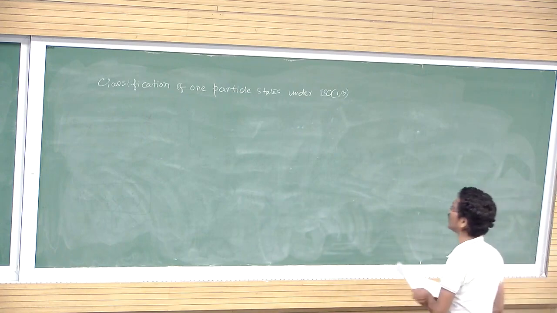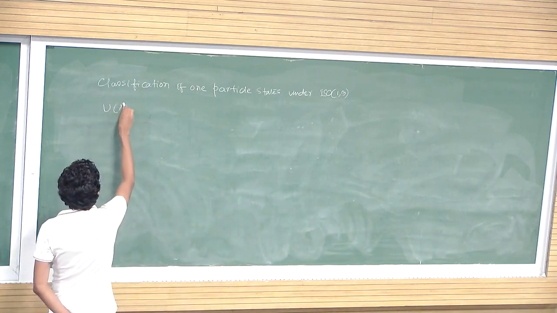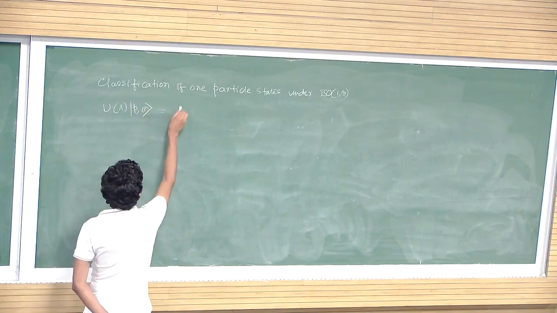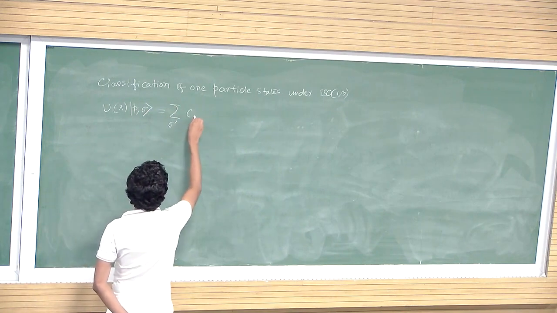So I started with this U lambda p comma sigma. That can be written something like C sigma prime sigma.